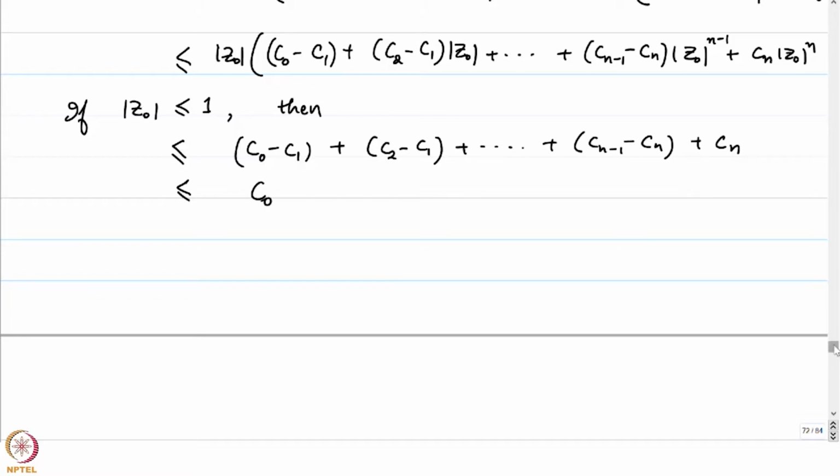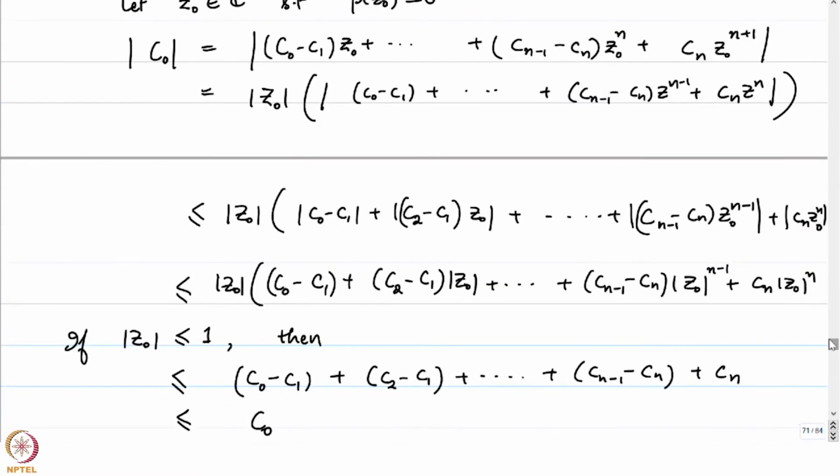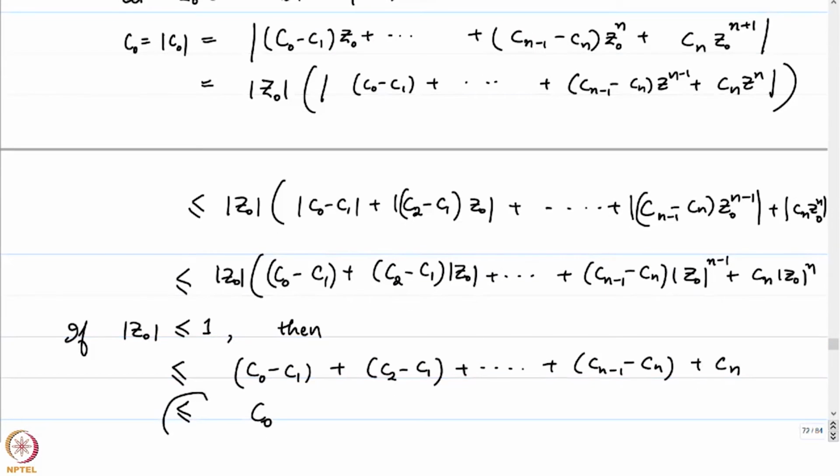But if you carefully observe here, we started off with the absolute value of C0. Remember that C0 is a positive number. C0 is the same as the absolute value of C0 because it's a positive number. So we have now a C0 here and a C0 less than or equal to at the bottom.